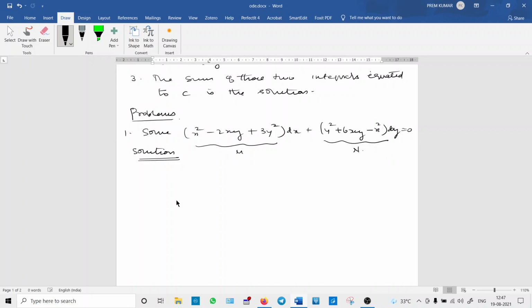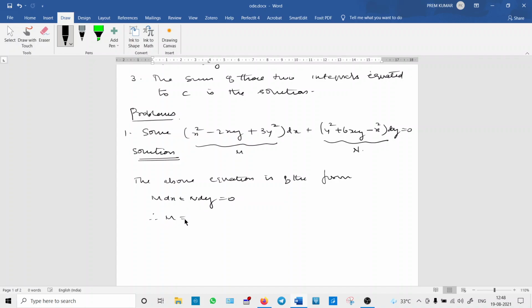So first we have to check the exactness of the given differential form. Suppose this one you treat as M, this one is treated as N. First you have to check for the exactness. So what is the theorem? We already proved how to check whether the given differential form is an exact differential equation. Now the above equation is of the form M dx plus N dy equals 0.